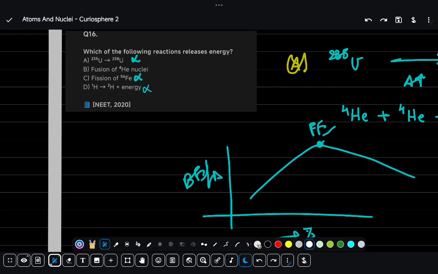Option B. Now that we have found the answer, let us see what the fusion of helium nuclei reaction is.